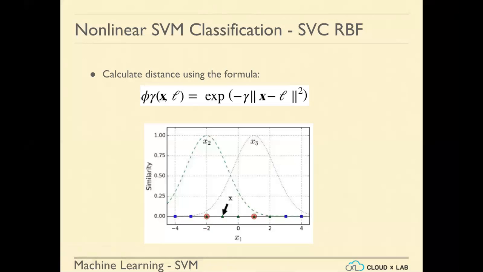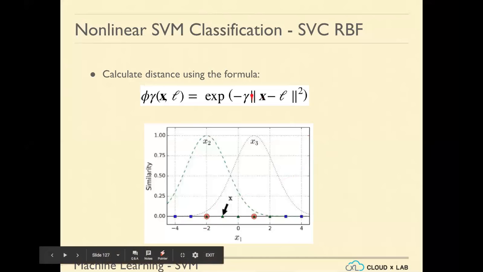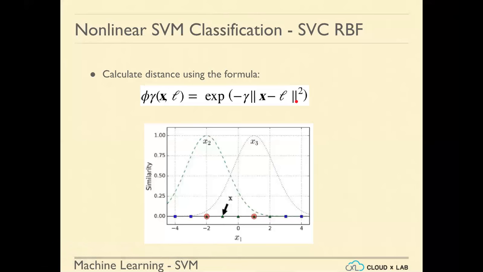The other question from Kamal: is it e to the power everything in brackets? That's right, e to the power everything in the brackets. And this essentially means mod or absolute, you can say. Or you can call it L2. This is what we call Euclidean distance. Yes, go ahead, Noor.